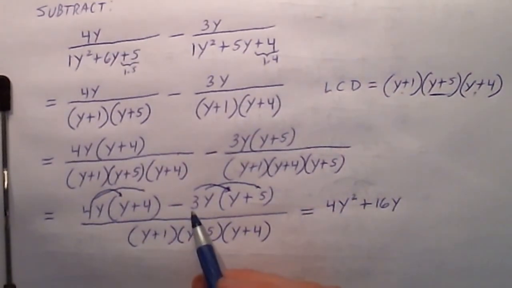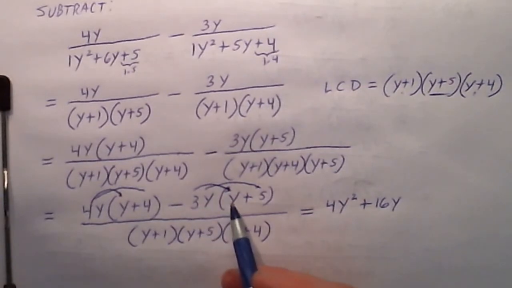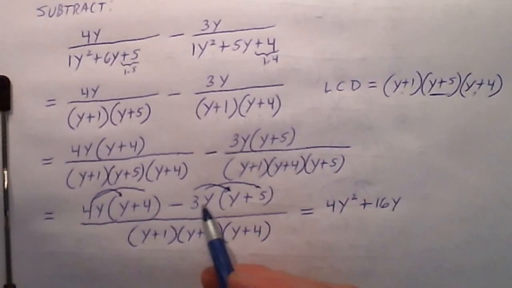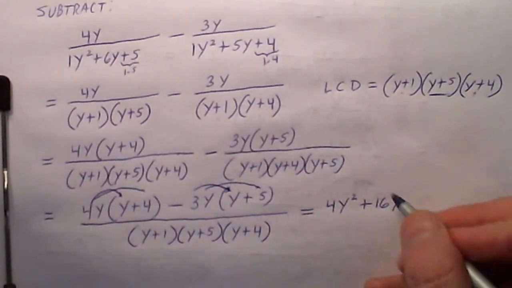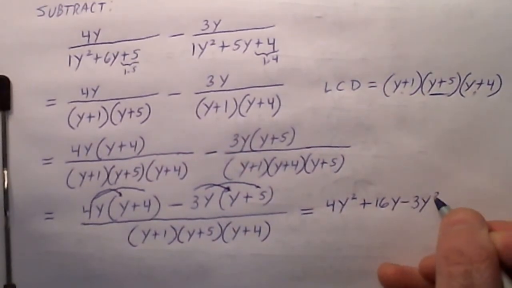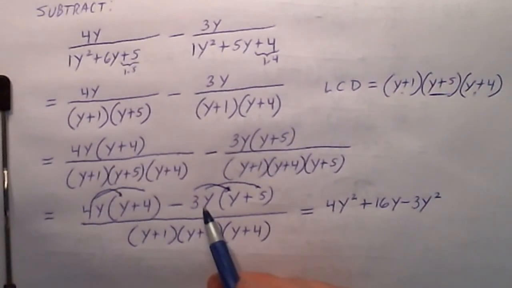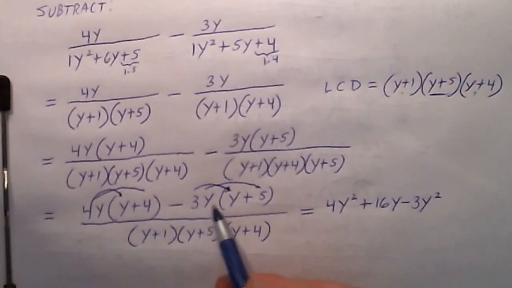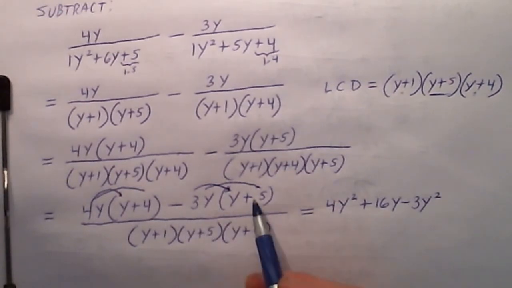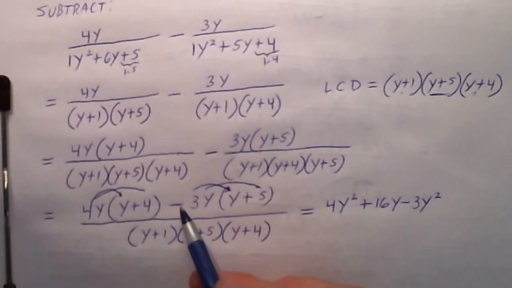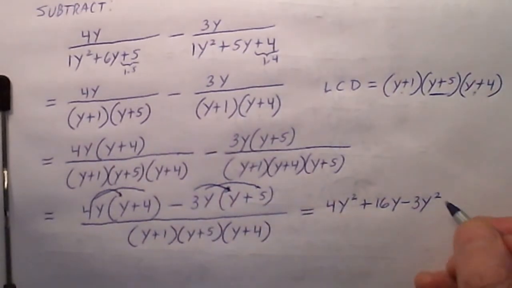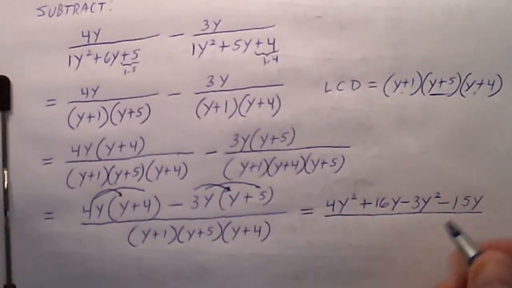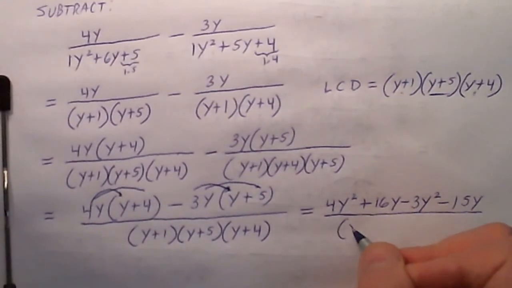Now we're going to distribute a negative 3y into both these terms. So a negative 3y multiplied by y is going to be negative 3y squared. A negative 3y multiplied by 5 is going to be a negative 15y. And all this sits over our least common denominator.